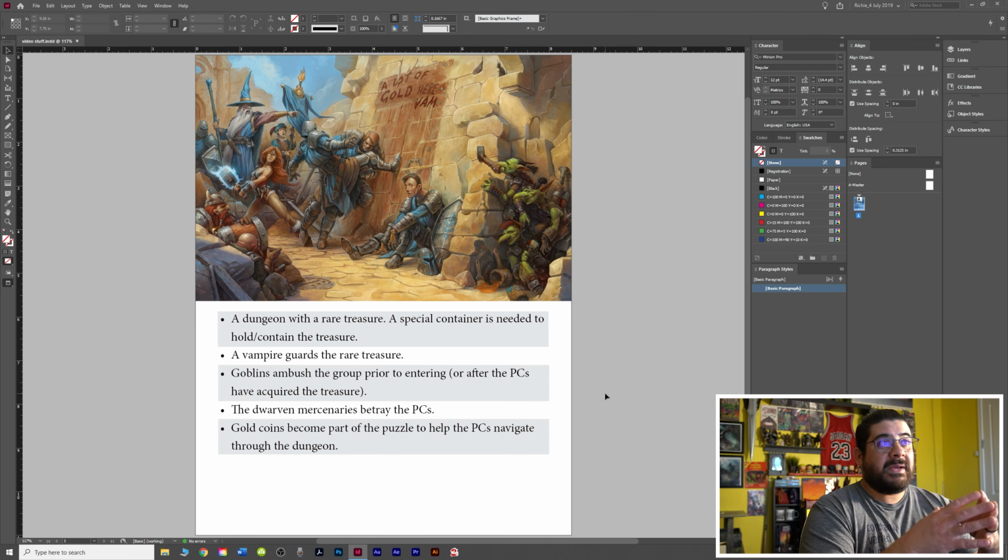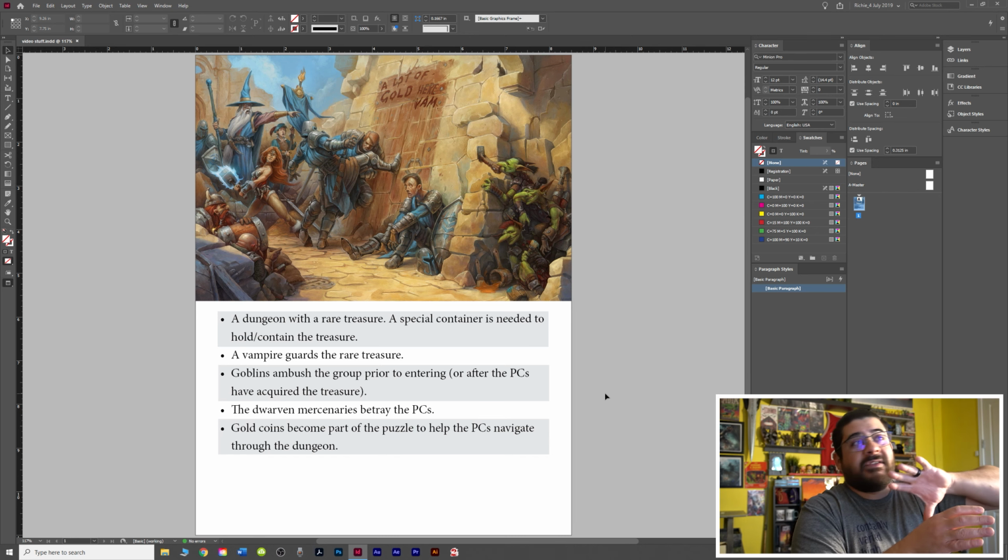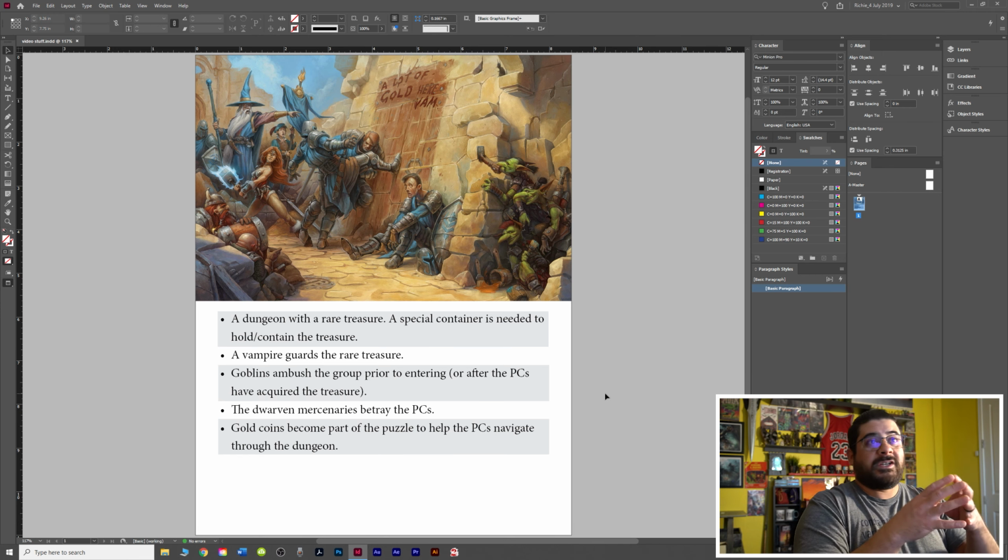At level 4, your PCs acquire this legendary item, and they decide to keep it. And since that moment, the campaign changes direction because now they have a target on their backs. Now they are being hunted by all of the forces from this wizard who is claiming, rightfully so, that the group that he hired stole the item from him.